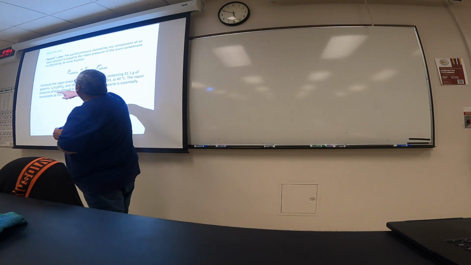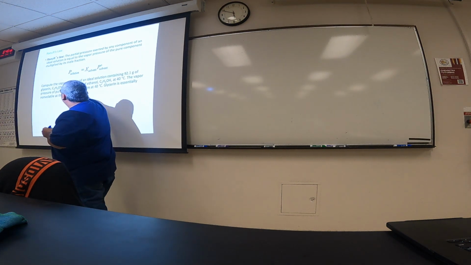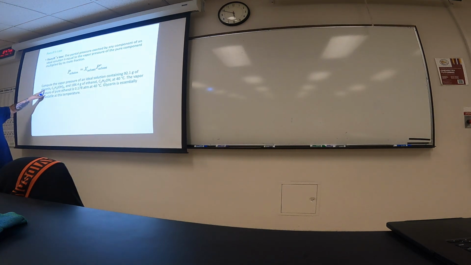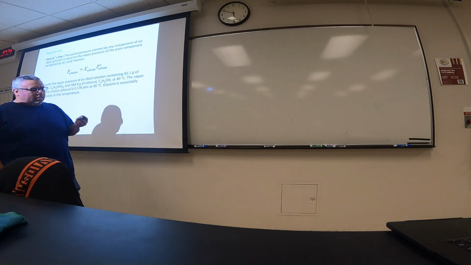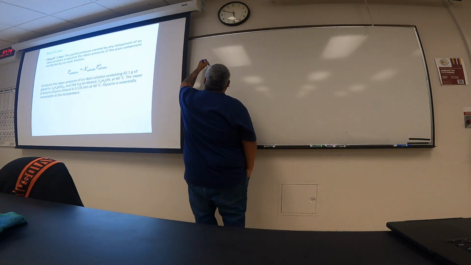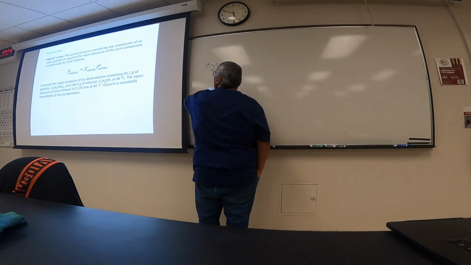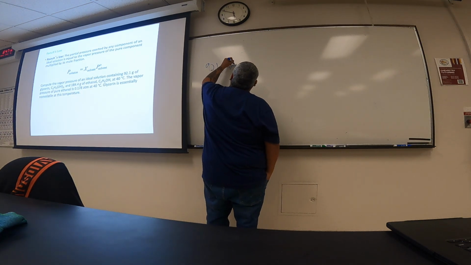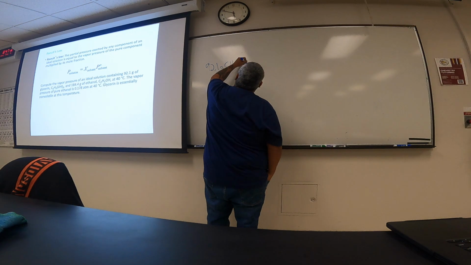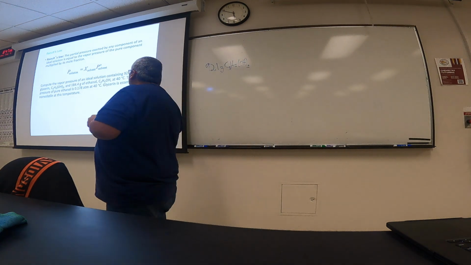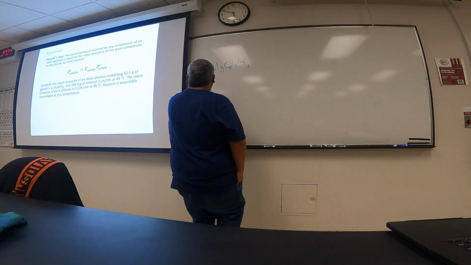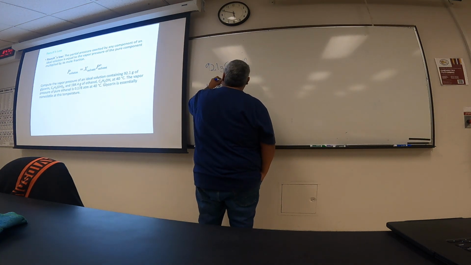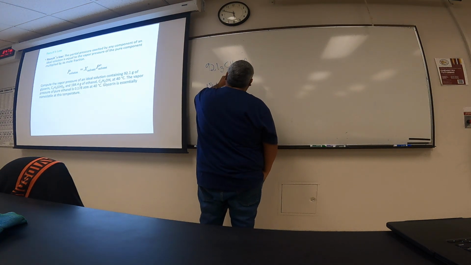We need the new vapor pressure. So this is currently the vapor pressure of ethanol, and it looks like we have 92.1 grams of glycerin. I'm going to write some of this information as we're reading it. So I have 92.1 grams of glycerin, and we also have 184.4 grams of ethanol.